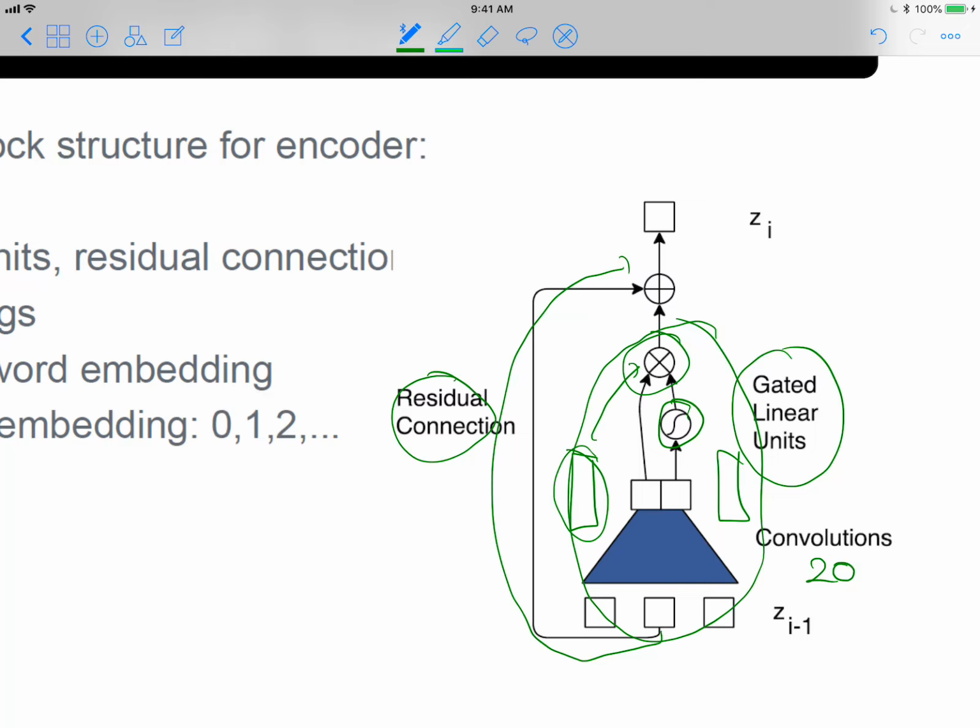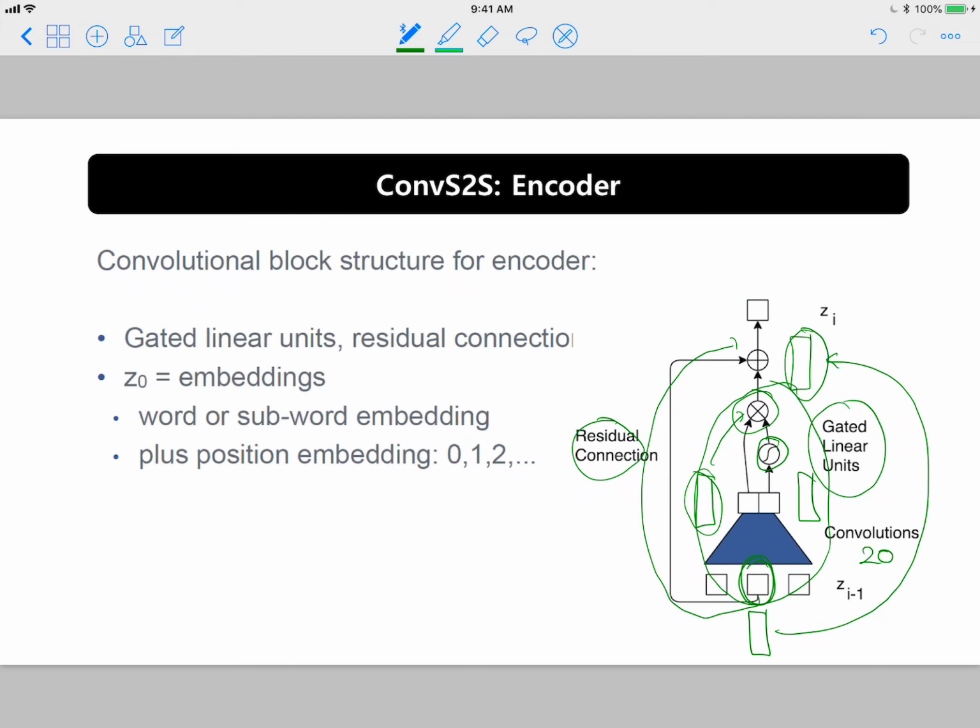And this is nothing but the residual connection. This encoding vector is representing this token, so we have some embedding vector, and we just add it to the output vector, and that's how we achieve this residual connection by adding them together.